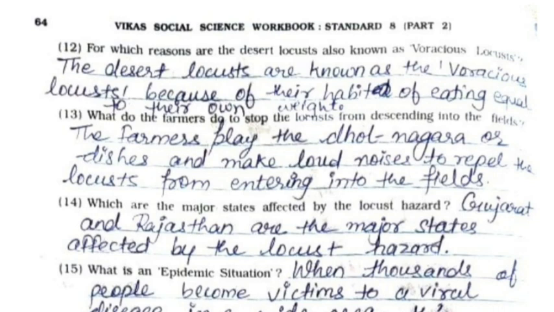The farmers play the dhol, nagada or dishes and make loud noises to repel the locusts from entering into the fields. 14th, which are the major states affected by the locust hazard? Gujarat and Rajasthan are the major states affected by the locust hazard.